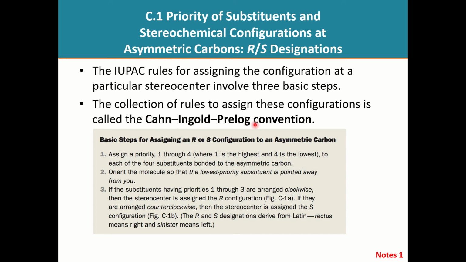That's the special name. You don't need to remember that name. But you do need to understand these 3 rules or steps to assigning the R and S. These are the basic steps. There will be additional steps as we progress through the lecture, but these are the 3 basics to get us started.